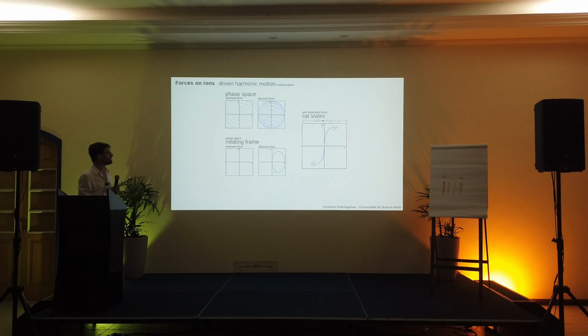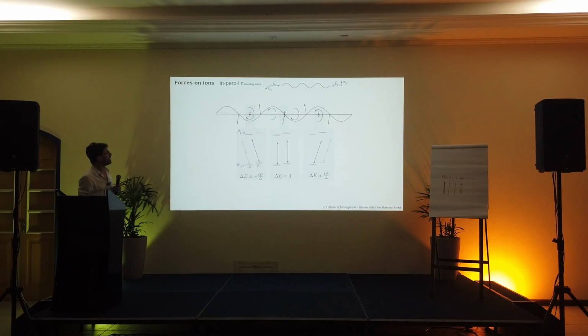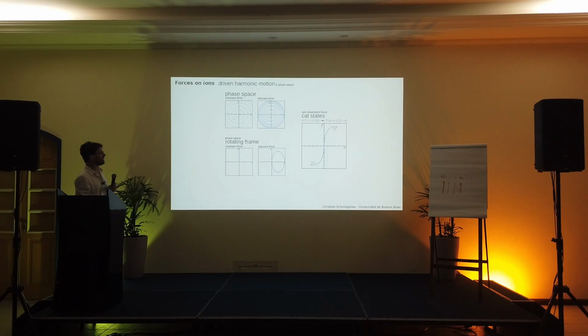And what happens with this state is an interesting thing. As I told you, if you place an atom here with spin up, it will go in this direction, but if it has spin down, it will go in the other direction. What happens if you place an atom and start with a drive like this?